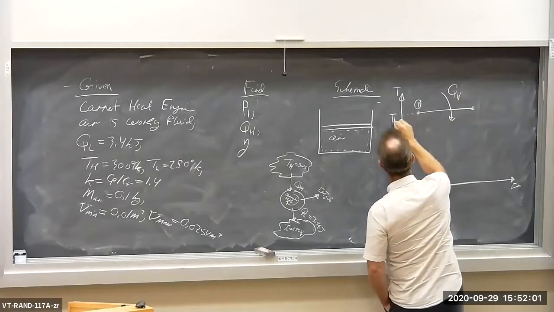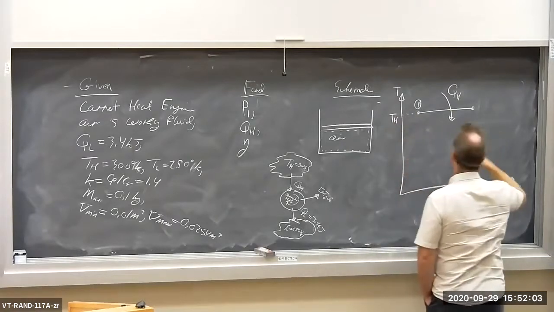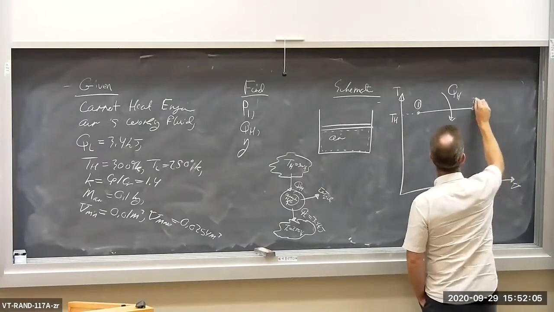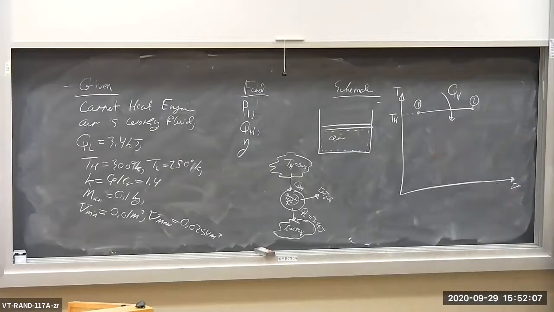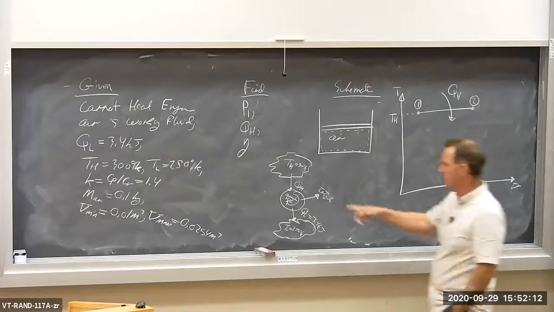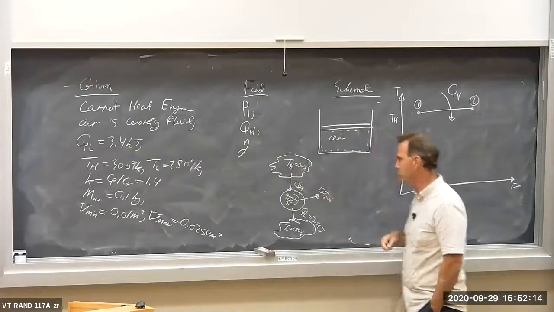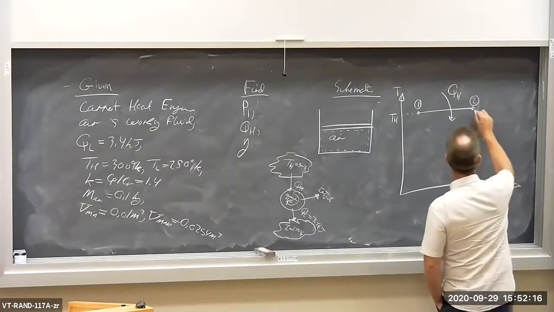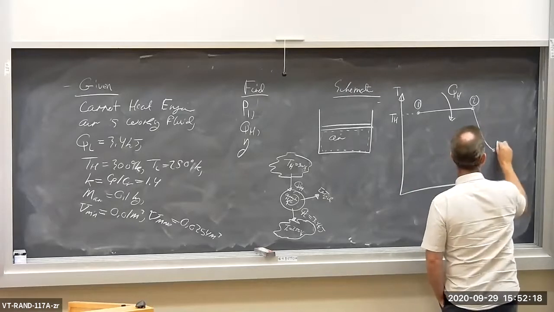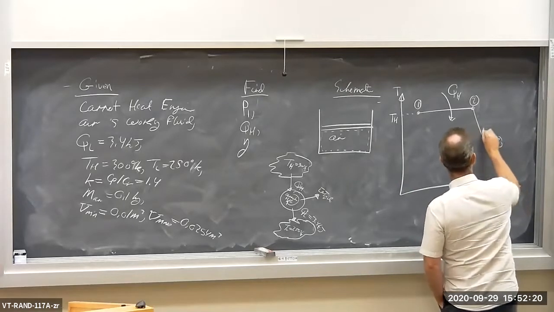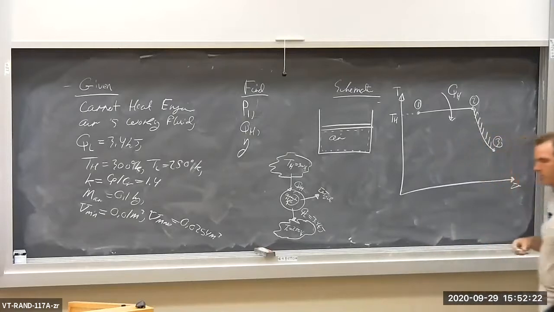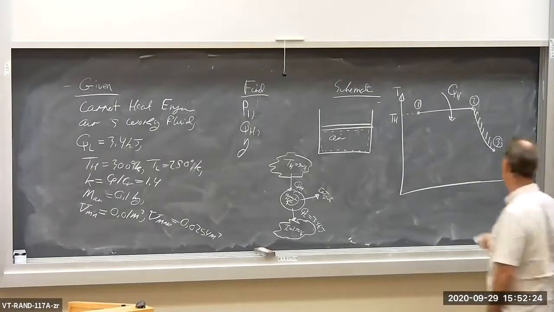So the temperature here is T high. As we go from state 1 to state 2, isothermal heat addition from the high temperature reservoir. Then we have adiabatic expansion down to T low.